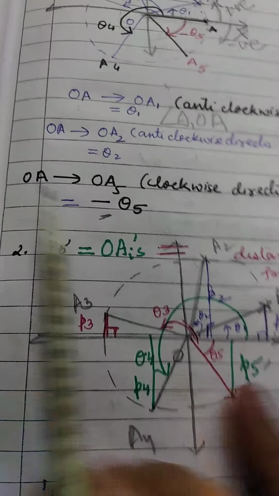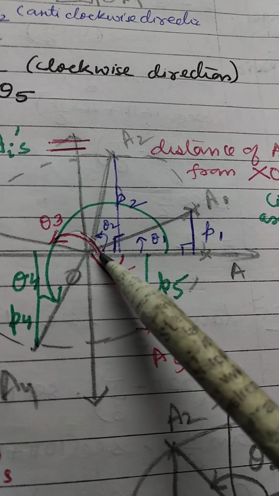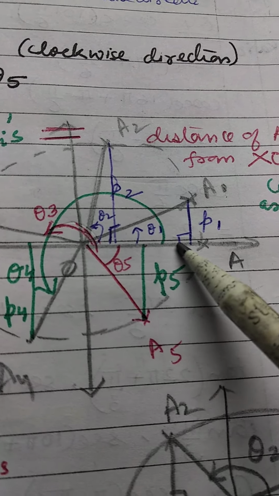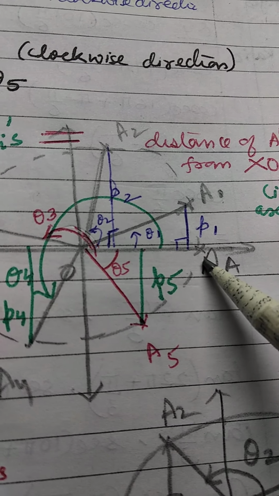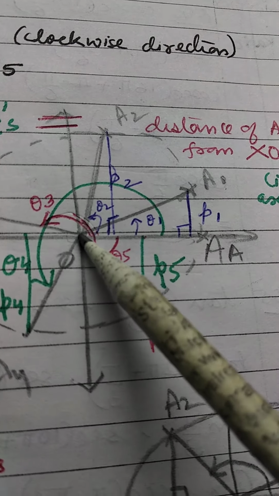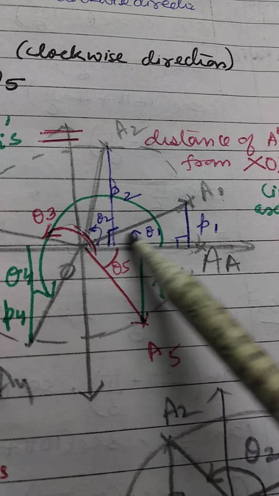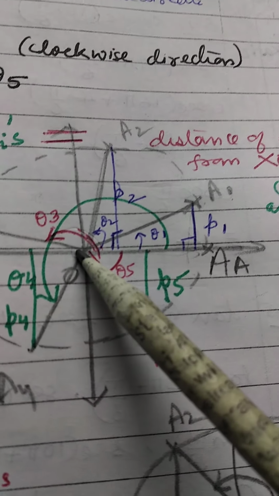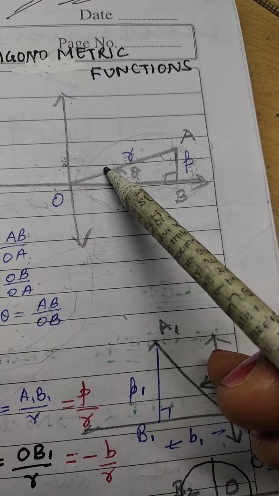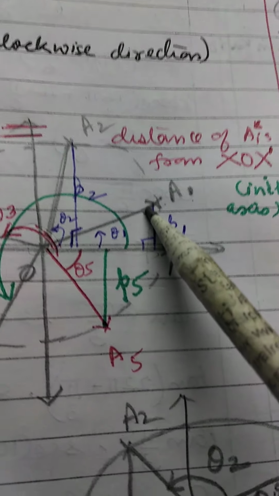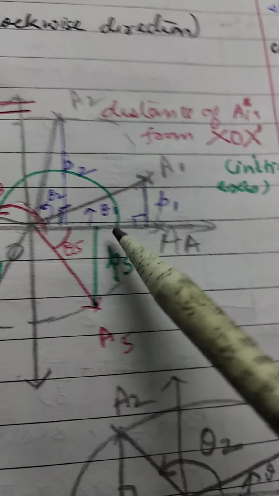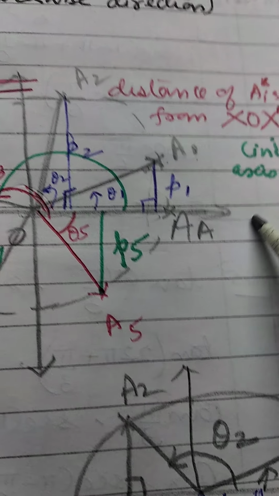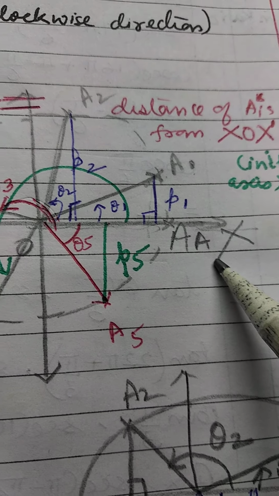Now the next element that we have is the P, that is the length of the perpendicular. Now what is that length of the perpendicular? Now if the line OA is rotated about the point O, it takes the new position A1. To form that right angle triangle that we see here, we need to drop a perpendicular from A1 onto the initial axis, that is OX.